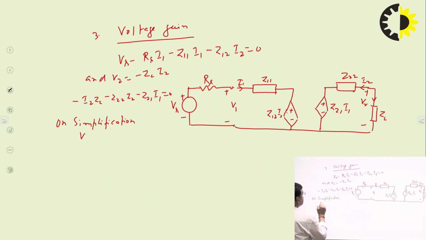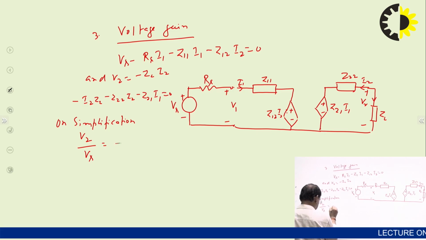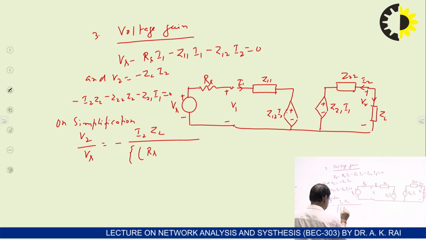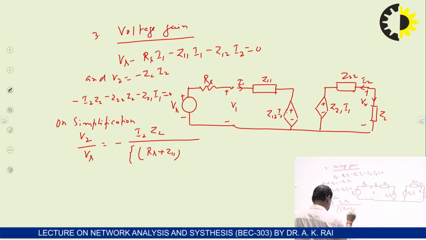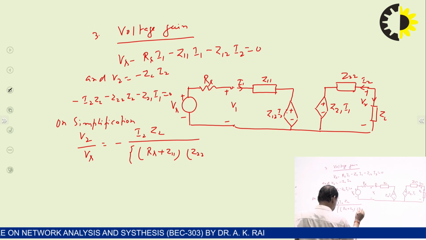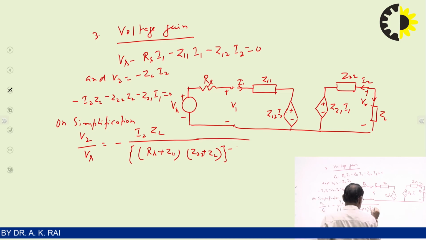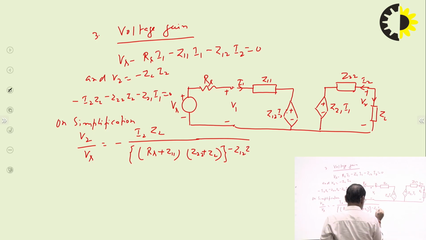V2 upon Vs. So it is coming, I am writing, you can check it: minus Z21 ZL upon (Rs plus Z11)(Z22 plus ZL) minus Z12 Z21.